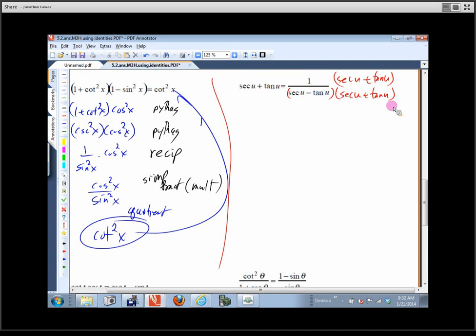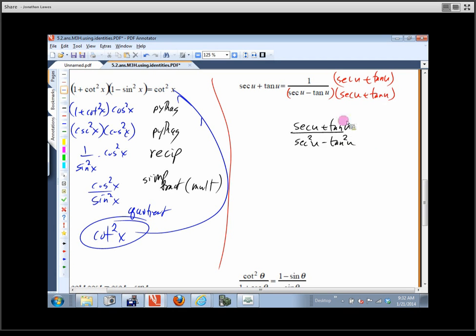Now look what happens here. The numerator is going to be secant of u plus the tangent of u, which looks fabulous. Write down what the denominator is. It's a conjugate, so it's going to be a difference of squares: secant squared u minus tangent squared u.